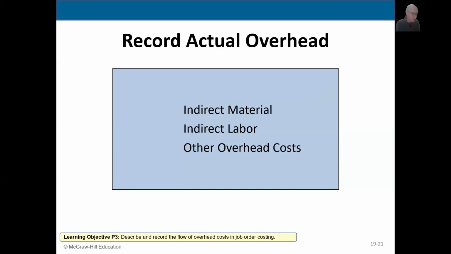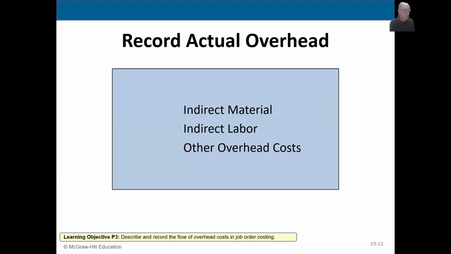In some cases, your estimate is either going to be overestimated or underestimated. My estimate was 160% of direct labor. Is that too high or is it too low? I don't know. But that's my best guess. It's my estimate.